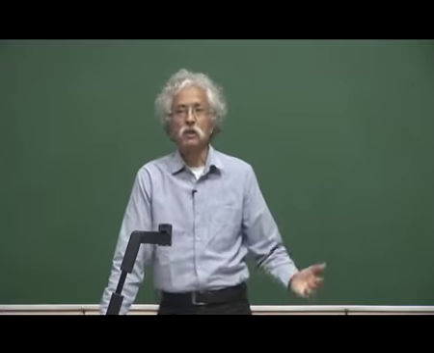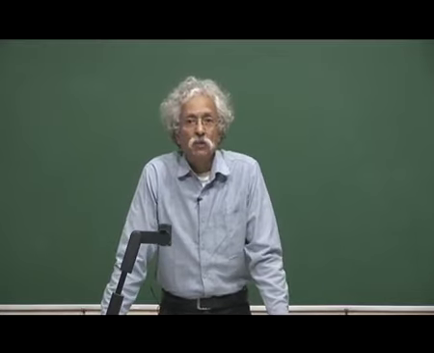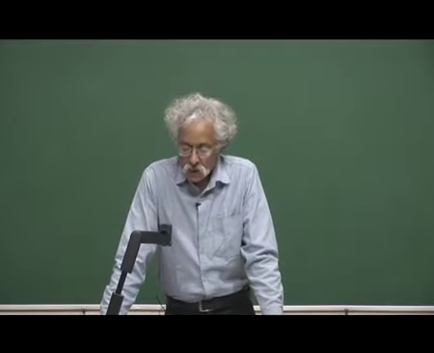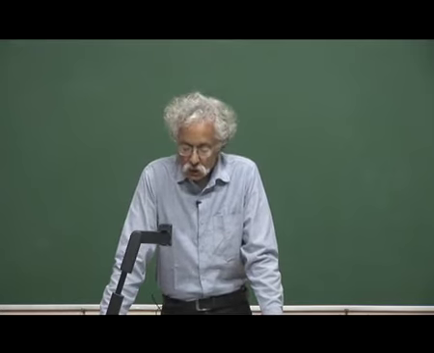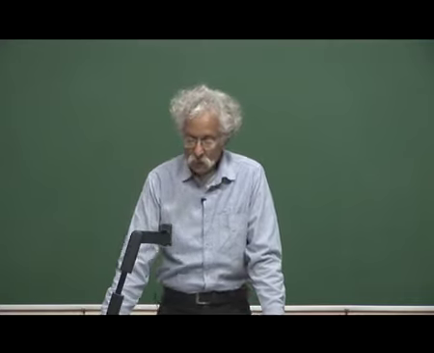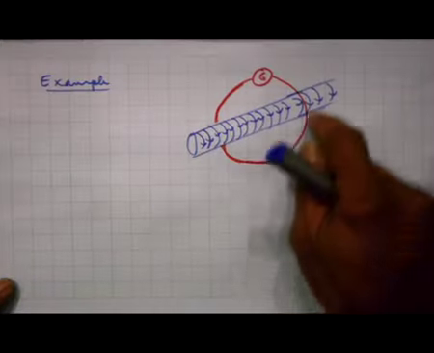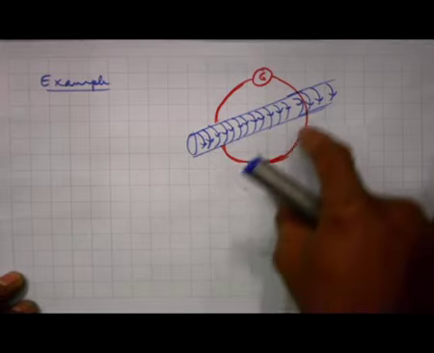It's 0 if the solenoid is infinitely long, but otherwise it will be a very, very small value. Now, if I change the current in the solenoid, the magnetic field inside the solenoid is changing with time. If I look at this outside conducting loop, the flux through that loop is changing with time. So, according to Faraday's law, there must be a current induced in this conducting loop.